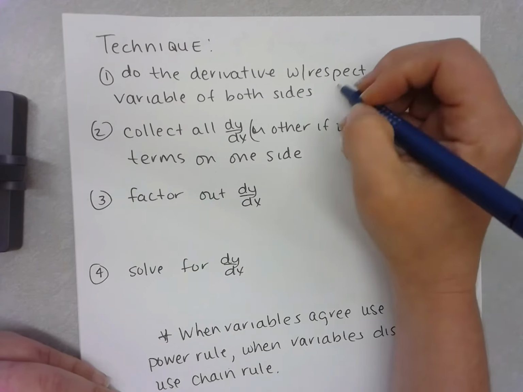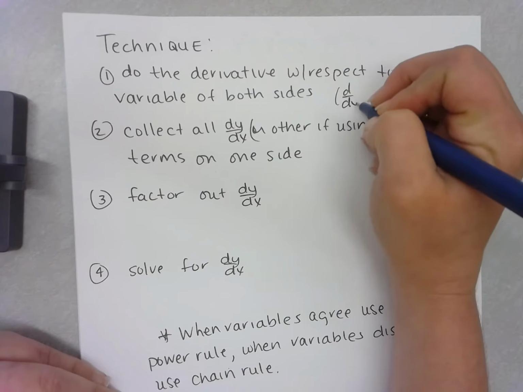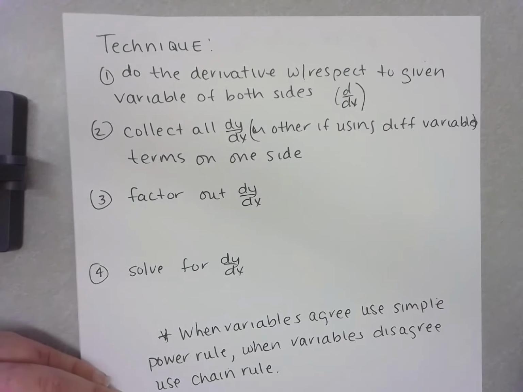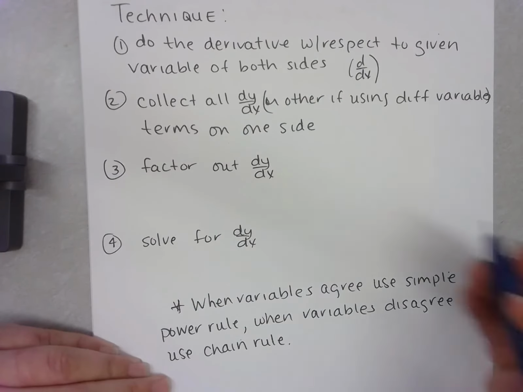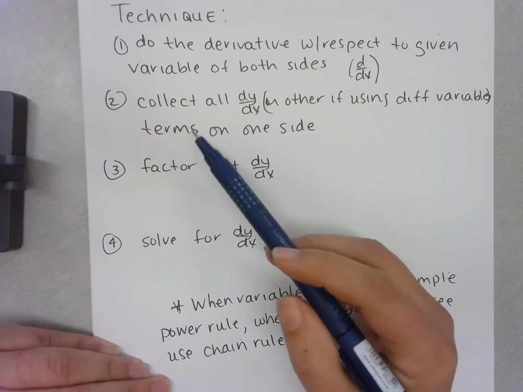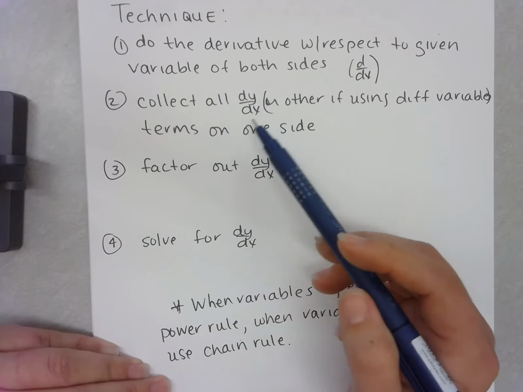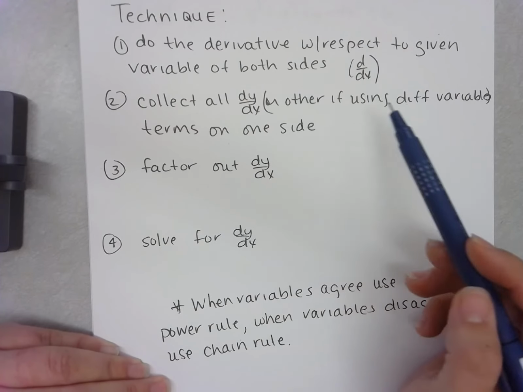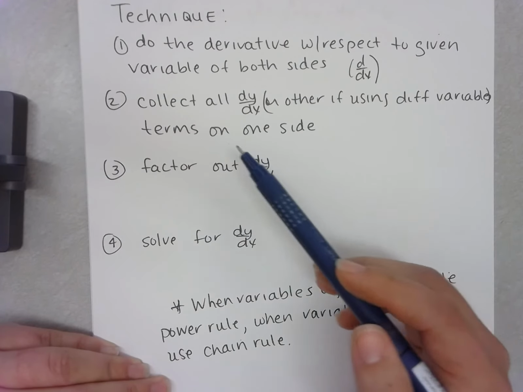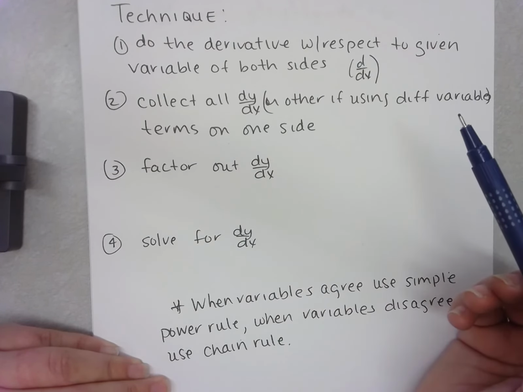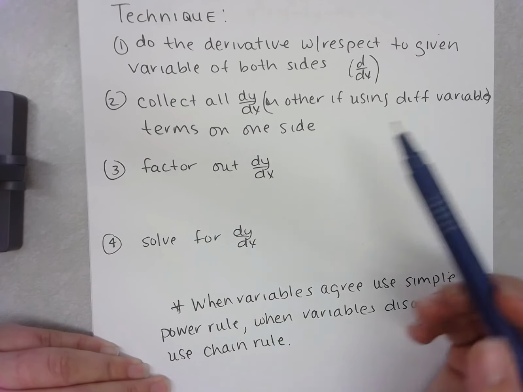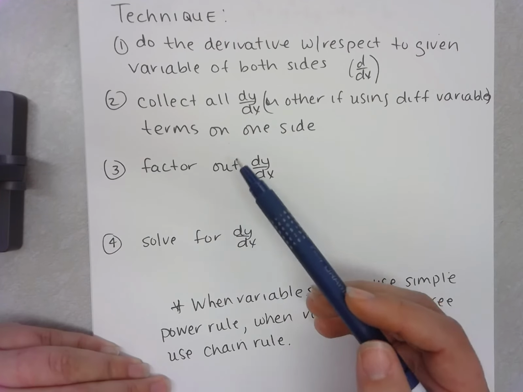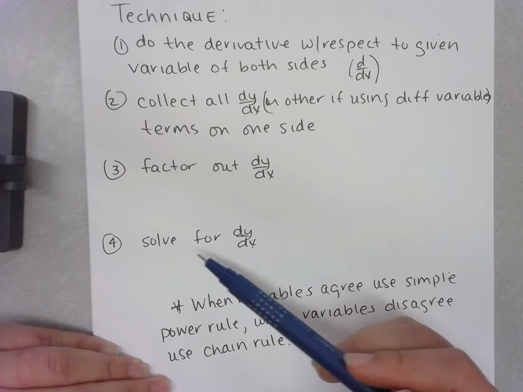Written, that would be d/dx of both sides. Then, assuming we're using x as our variable, we collect all of the dy/dx terms on one side. So all the non-dy/dx terms go to the other side. It's like we're solving an equation. Then we factor out the dy/dx and solve.